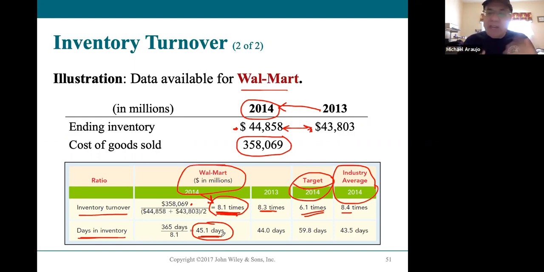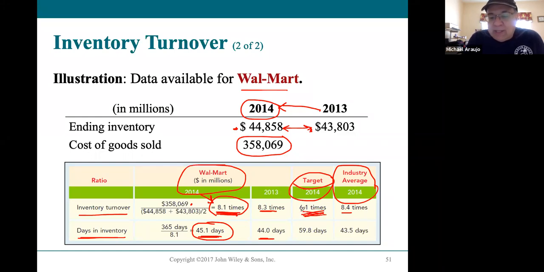So it's an amazing turnover. It's really fascinating. Obviously, it's a little bit slower than 2013, because in 2013, they were selling out the store and restocking every 44 days. So again, just an amazing turnover.